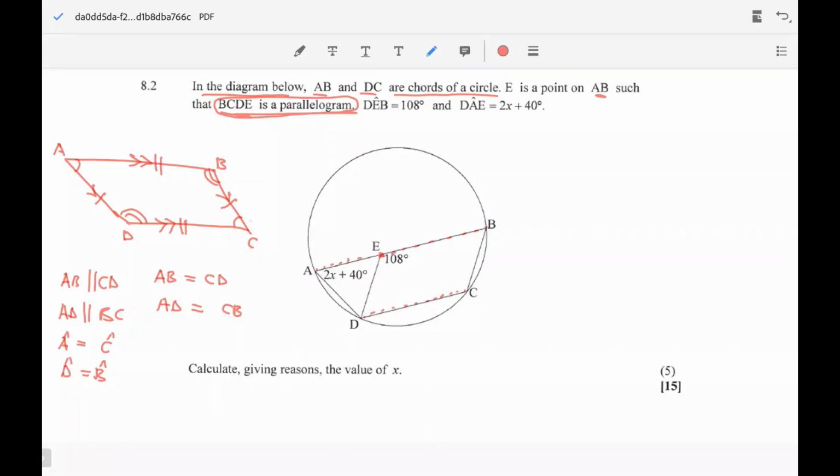And the other properties about the diagonals: the diagonals do bisect.